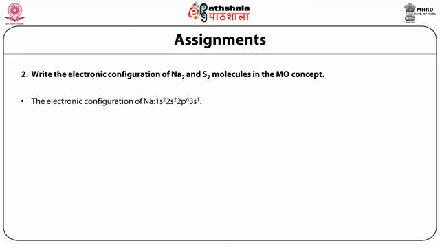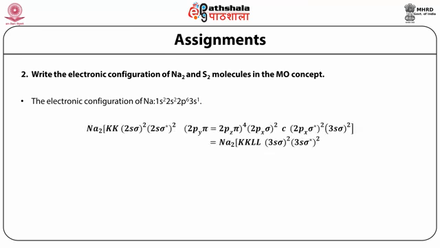Now, in molecular orbital terms, KK 2s σ², 2s σ*², 2py π = 2pz π⁴, 2px σ², 2px σ*², 3s σ² = KK 3s σ², 3s σ*². So the electronic configuration of sodium molecule can be written like this.